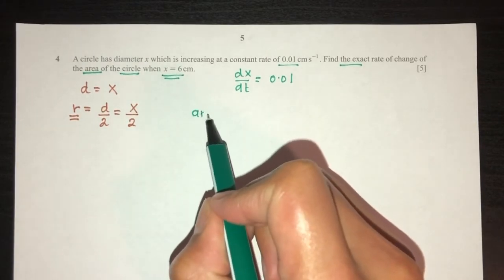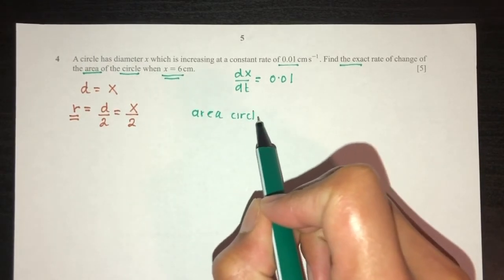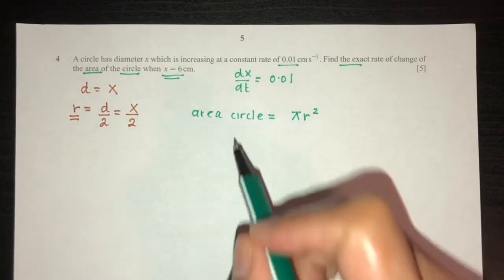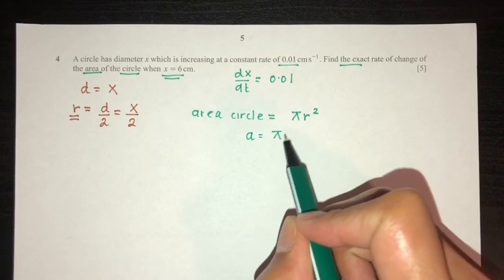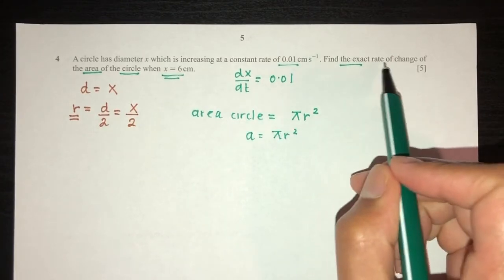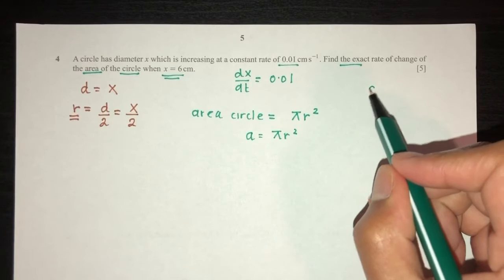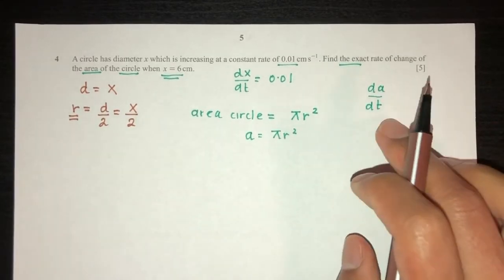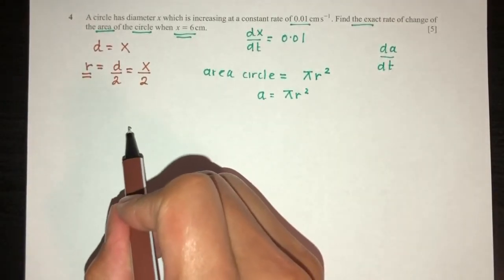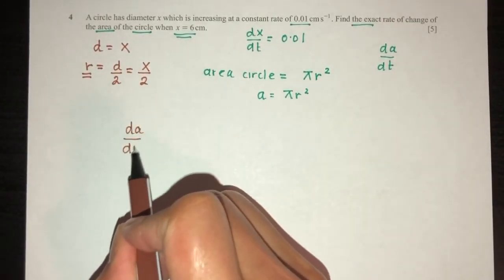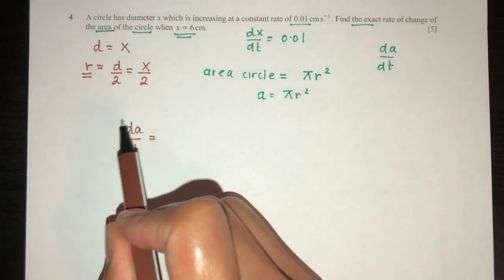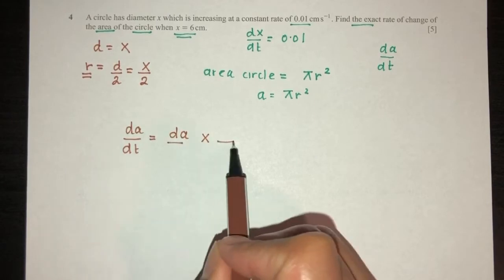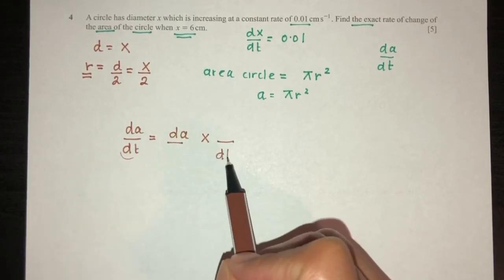So, what is area of circle? So you must know the formula is pi r squared. So area is equal to pi r squared. And your question is to find the exact rate of change of area. So we have to find dA by dt. Now, how would you find dA by dt? So we write down the equation. dA by dt is equal to, so on top you have dA, multiply, at the bottom you have dt.